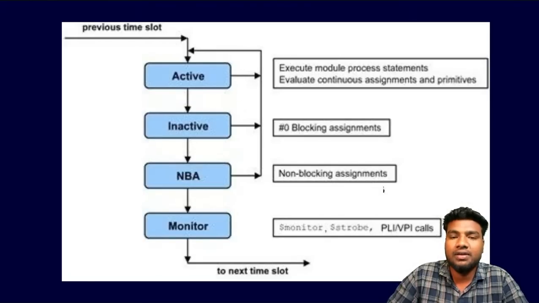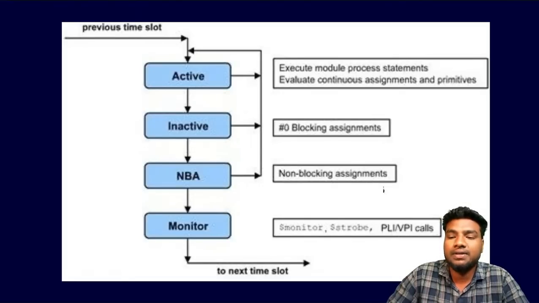If you want to run the RTL code, you have to declare the signals, make a data type, and register the signals. This registration, or initial stage of execution, is taken care of by the active region. It will execute the module process statements, and it will also evaluate the continuous assignments and the primitives.